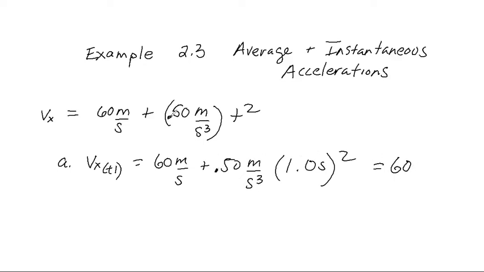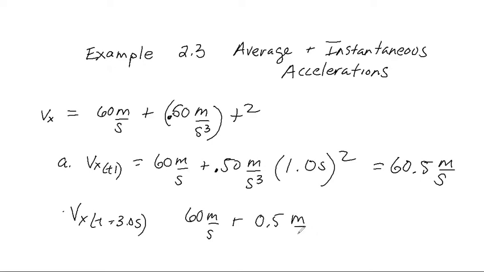This is 60.5 meters per second. Second squared times second cubed will give you meters per second. And v sub x at t equals 3.0 seconds, we are going to get 60 meters per second plus 0.5 meters per second cubed times 3.0 seconds, quantity squared, which will give us 64.5 meters per second.